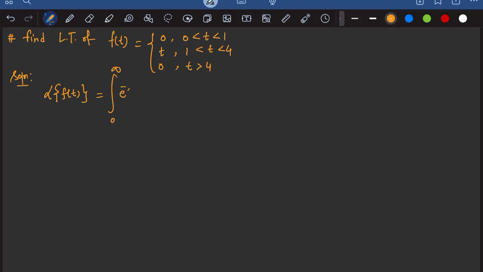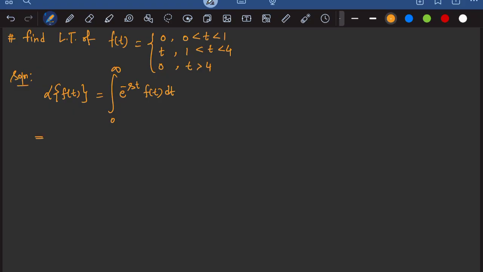is the integral from 0 to infinity of e power minus st f(t) dt. Now see, there is one condition of the Laplace transformation, which we'll study also, which says that it is applicable for piecewise continuous functions. The same thing we already studied in the advantages of Laplace transform in the last slide.